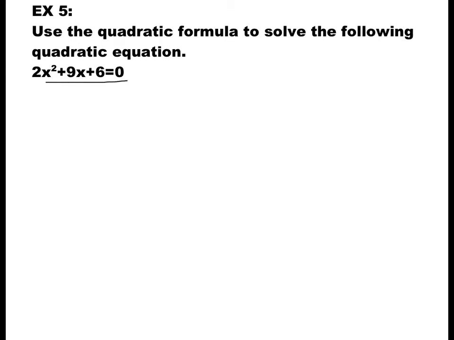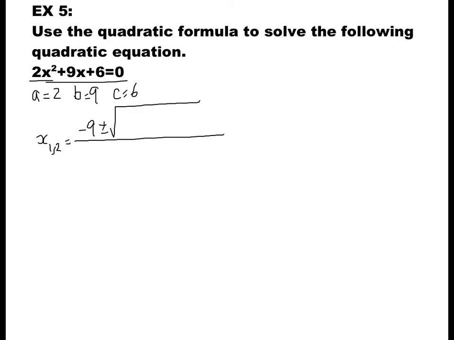Now, for the beginning, I'm going to write a is 2, b is 9, c is equal to 6. So I'm going to say x1 and 2, meaning the first two, is negative b, which is negative 9, plus or minus square root of b squared, which is 9 squared, which is 81, minus 4a, which is 2 times c, which is 6, divided by 2a, which is 2 times 2.